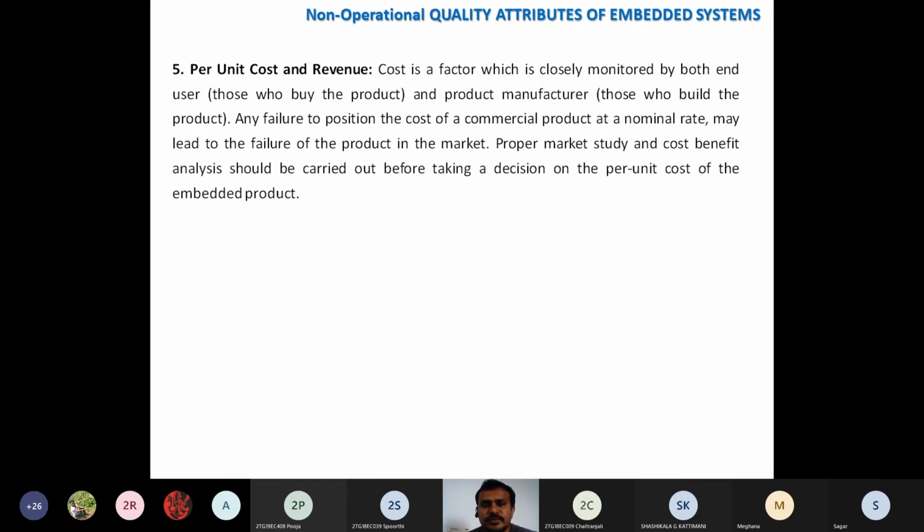How much benefit we achieved, the analysis of that benefit, the revenue, depends on the per unit cost of the embedded system. If the system is costly, obviously it is going to fail in the market. If the cost is very low, once again, the user may think about the quality of that product. So cost is purely the key factor in the design of an embedded system.